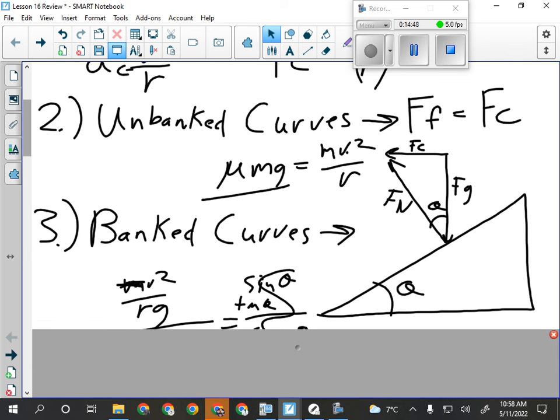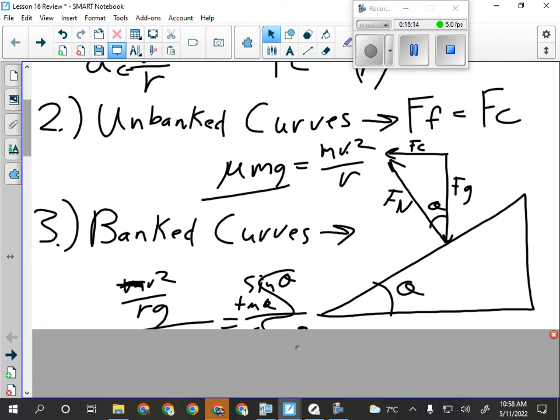Remember that in a banked curve, as soon as we bank the surface, the normal force still pushes perpendicular to the surface, but now that force is angled off of vertical, which means the vertical component balances gravity and the horizontal component pushes towards the center of the circle, providing us with a centripetal force not reliant on friction.